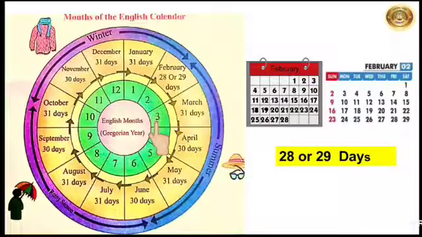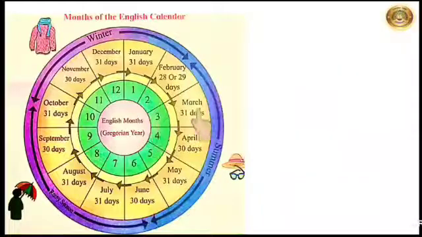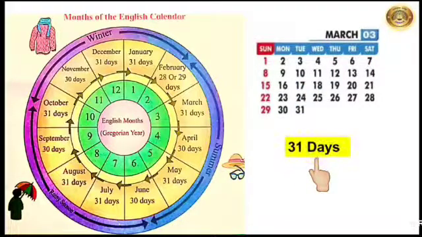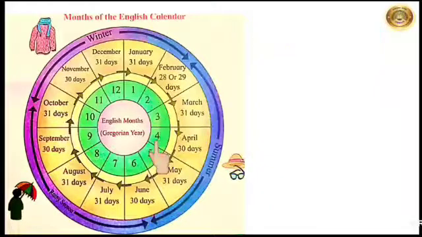The third month of the year is March. March is the third month of the year and it has 31 days. The next month is the fourth month.